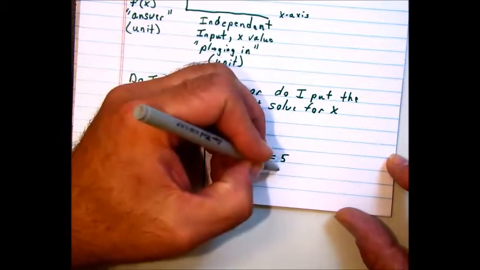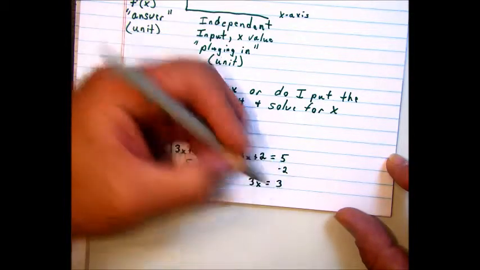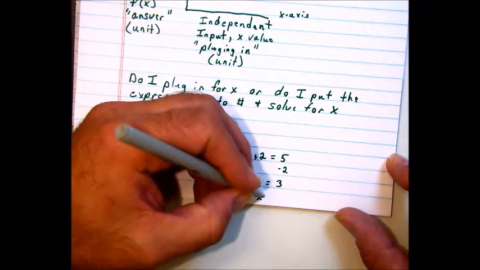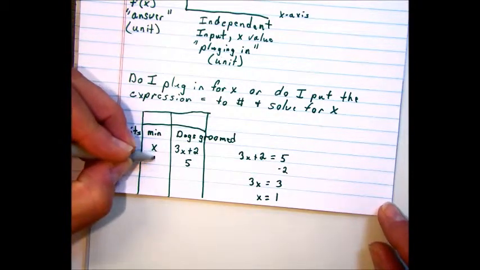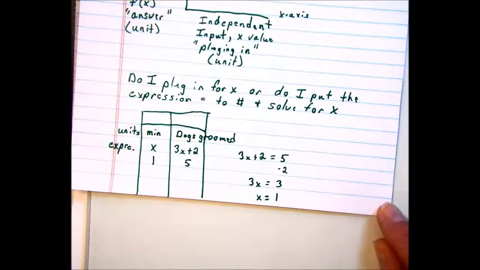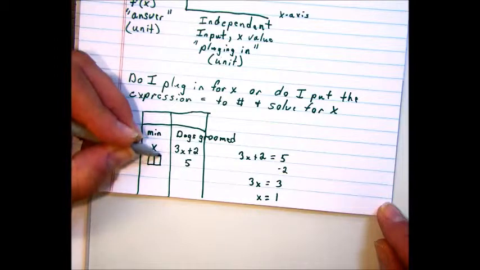So you'd minus 2, and you get 3x equals 3. Dividing by 3, you'd get x equals 1. That means it took 1 minute to get 5 dogs groomed. Okay? That is your solution for x.